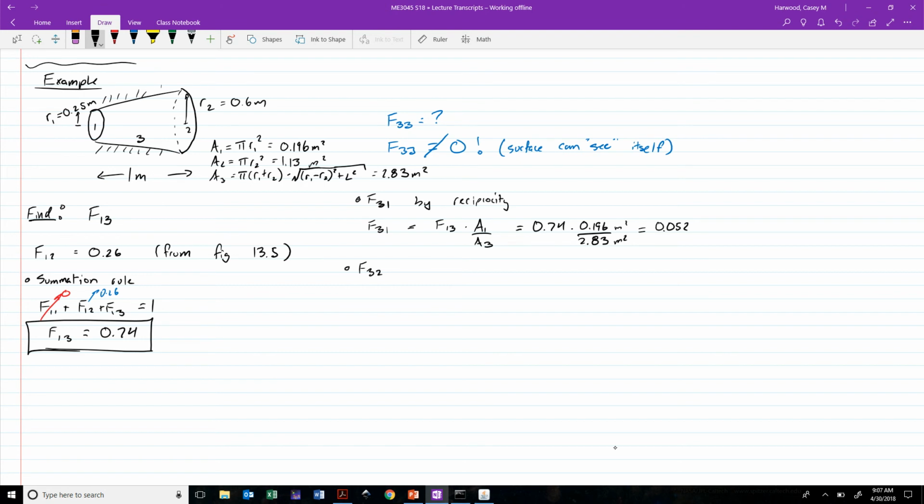So F32 by reciprocity, which says that F32 is equal to F23 over A3, which means we need to find F23.